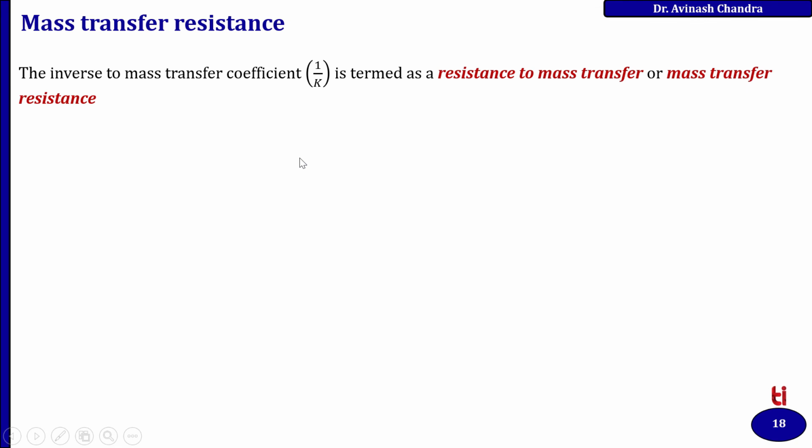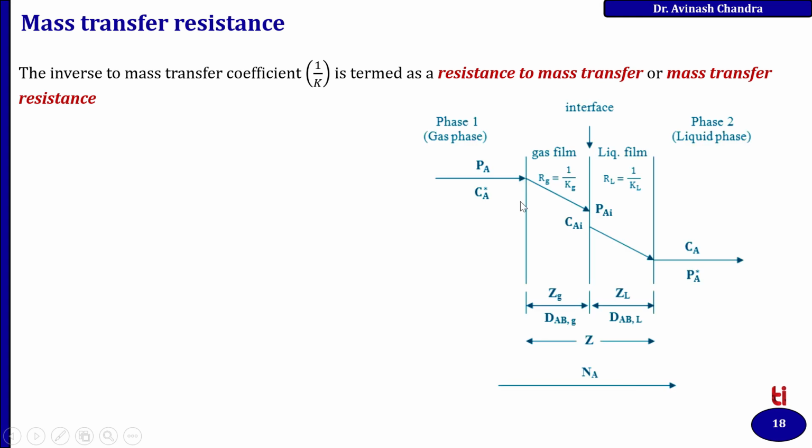So the mass transfer resistance: the inverse of the mass transfer coefficient is termed as resistance to mass transfer, or mass transfer resistance. You can see in this diagram the component A is diffusing from gas phase to the liquid phase, where there is the gas bulk phase, here is the nearby boundary layers at the interface, and again here the interface, and this is for the bulk phase.